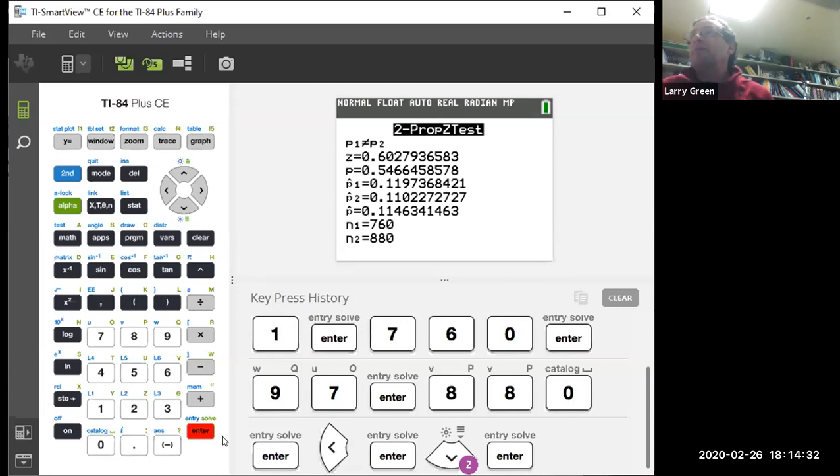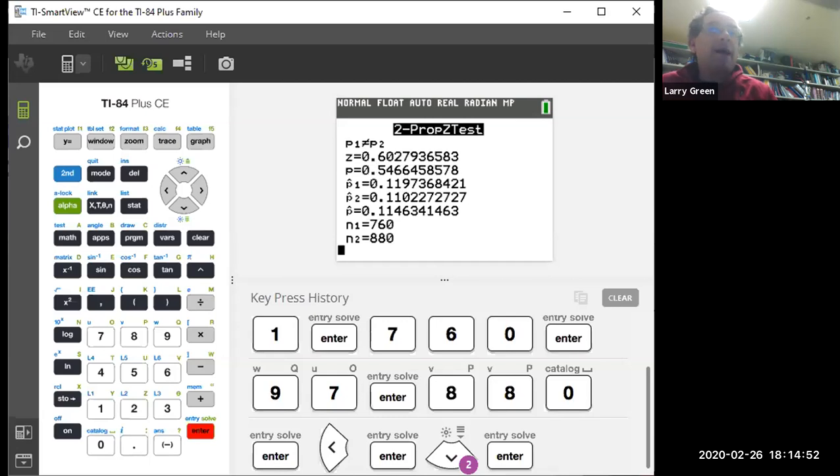Okay, notice that P1 hat was about 12% and P2 hat, that's about 11%. That better happen because that's how we found that we got those percentages. The Z is the test statistic, and that's 0.6. And the P value is about 0.55.